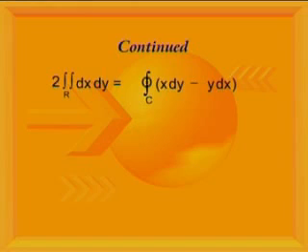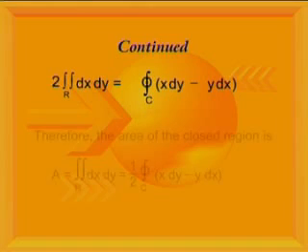Now the left hand side becomes twice of integral of dx dy over the region R, and the right hand side integral becomes, that is equal to integral over the closed curve C of x dy minus y dx. Left hand side, what is it?